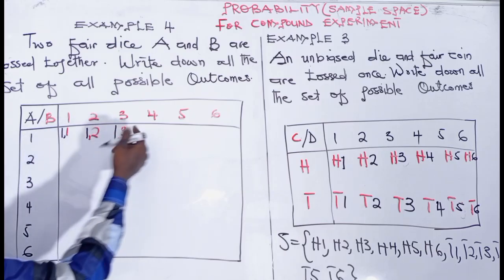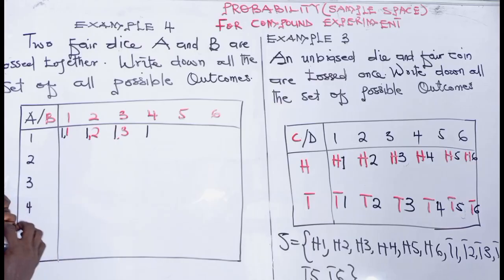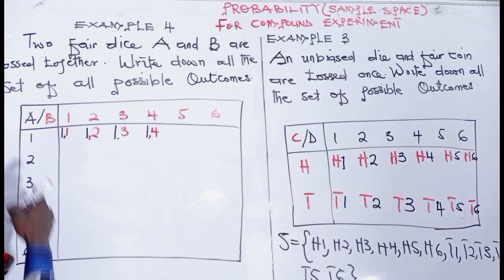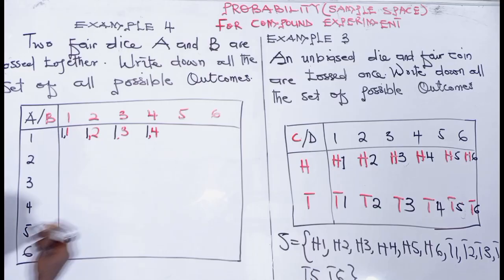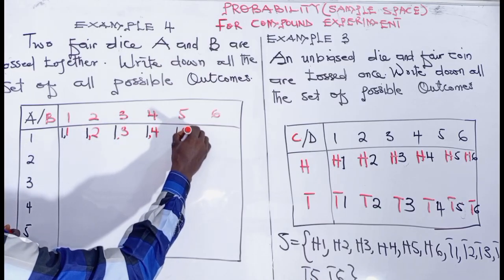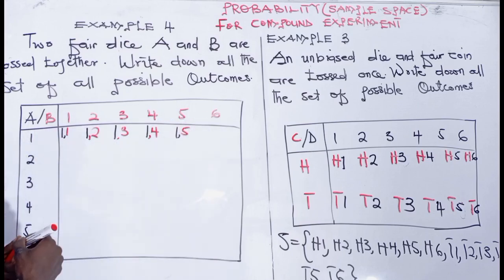Then move on to 1, 4. We have 1, 5, and then 1, 6.